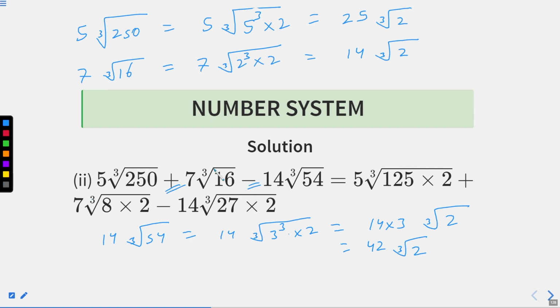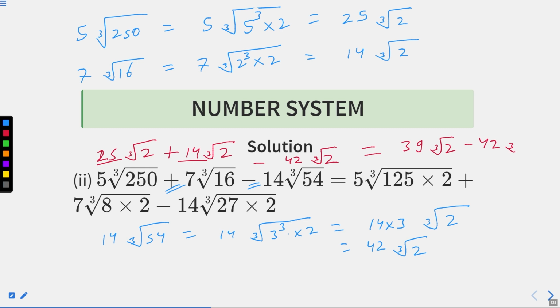So here we have 25 cube root of 2 plus 14 cube root of 2 minus 42 cube root of 2, which is equal to, here 25 plus 14 is 39 cube root of 2 minus 42 cube root of 2.